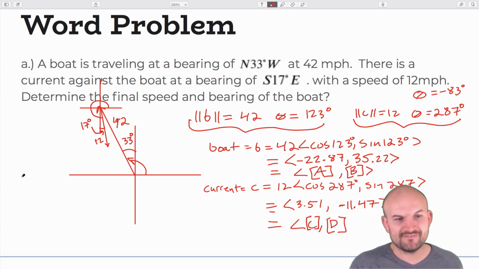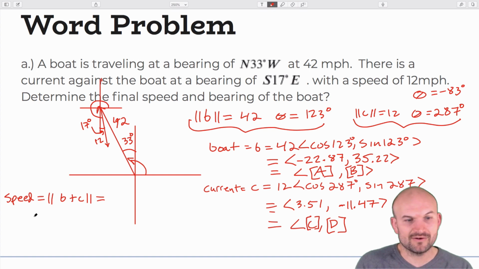So if I want to identify the speed, that's just going to be the magnitude of vector B plus vector C. Okay? So as far as writing that out, that's going to look like this.